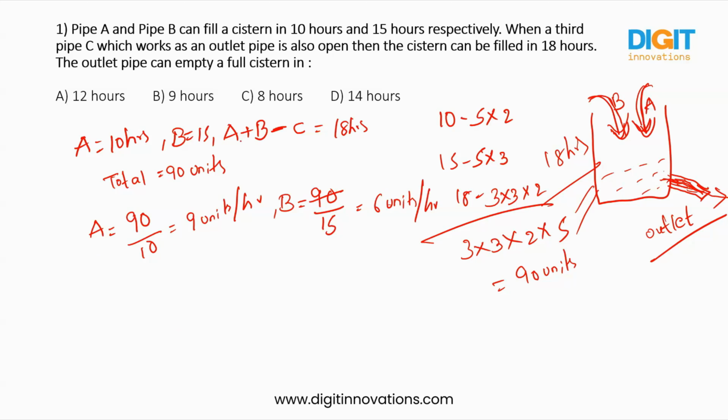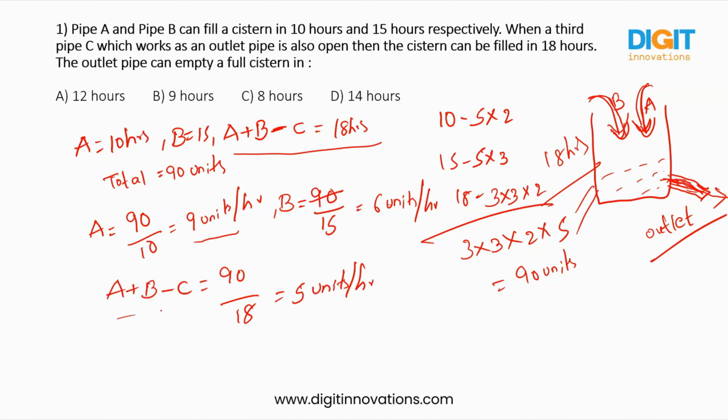When it comes to these three, A plus B minus C, they are taking 18 hours, 90 by 18, which is 5 units per hour. These three, while working together, are completing 5 units per hour. A singly can complete 9 units, B singly can complete 6 units. Three together can complete 5 units because the outlet is happening here.